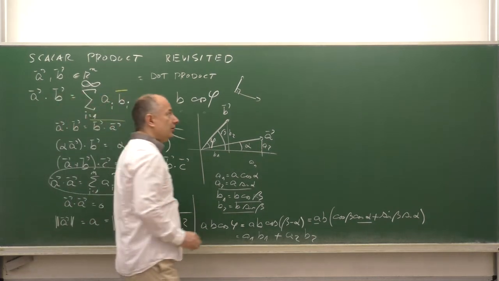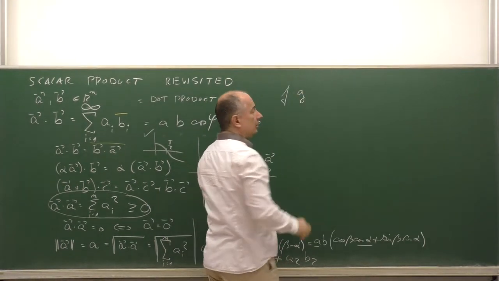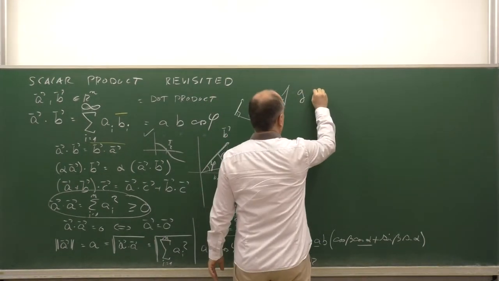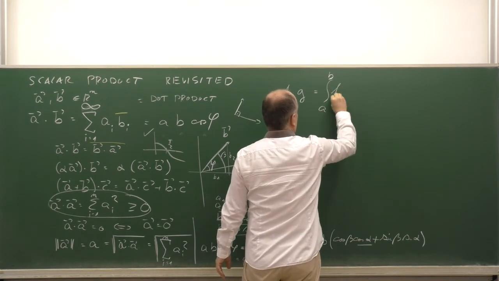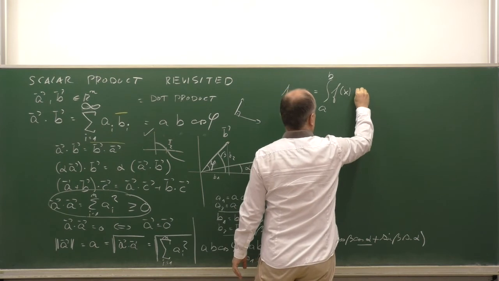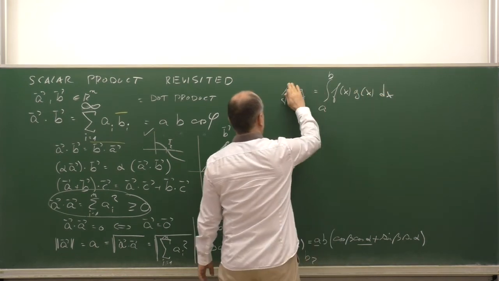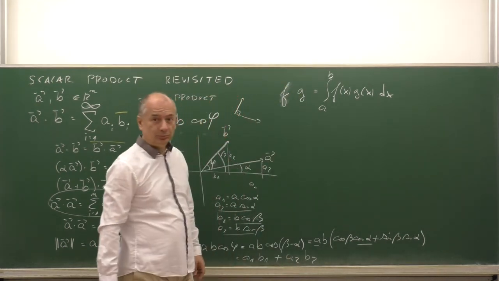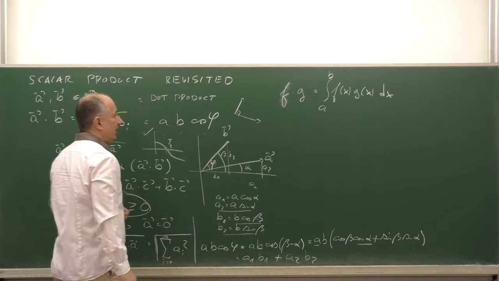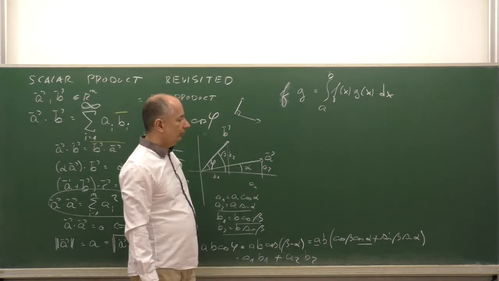If we have two functions, say f and g, we can consider the scalar product as the integral from a to b of f(x) times g(x) dx. The sum naturally comes to integral.